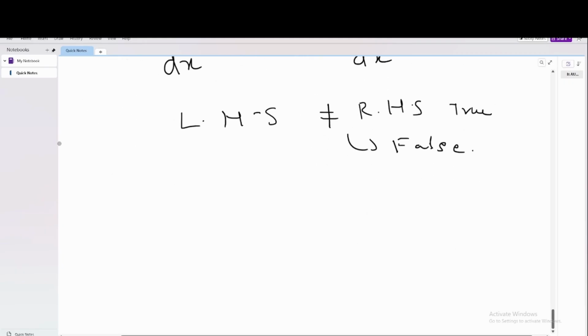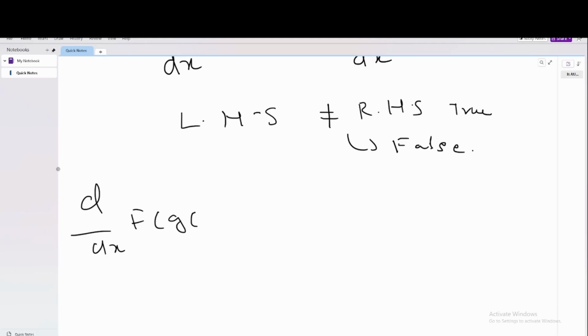By chain rule, d by dx of f of g of x is equal to f prime of g of x into g prime of x.